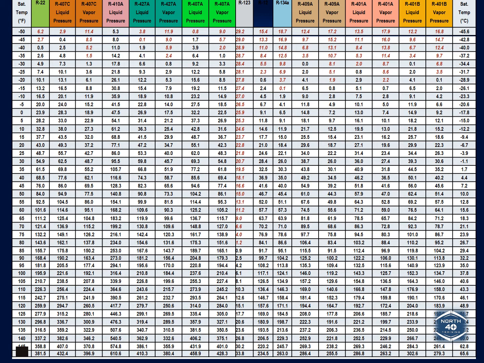So what actually is the PT relationship? Well, if you look at a set of gauges, say an R410A gauge, on the outside of the gauge, you've got your pressures. On the inside of the gauge, you've got your temperatures. And as the dial style gauge is moving around and you're able to see the pressure that it's operating at, if you follow that needle down to the middle, it also crosses over a temperature.